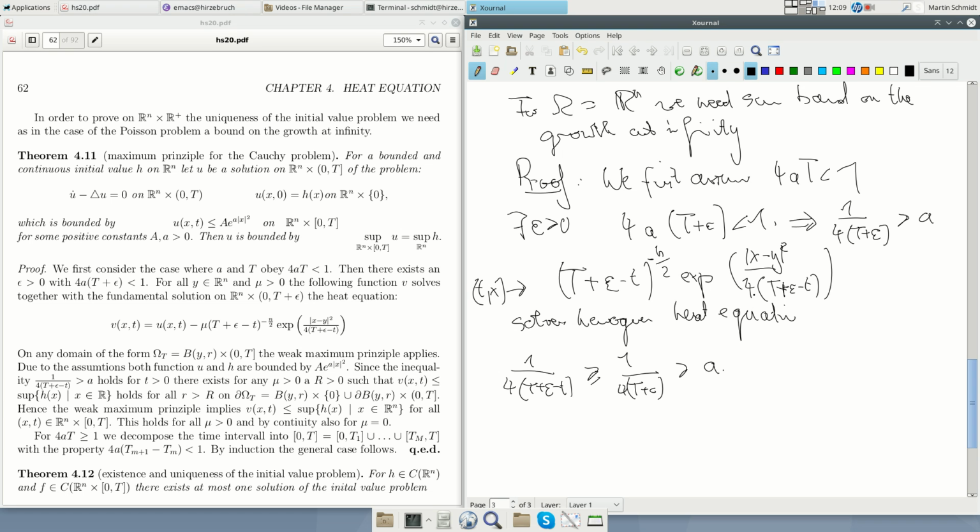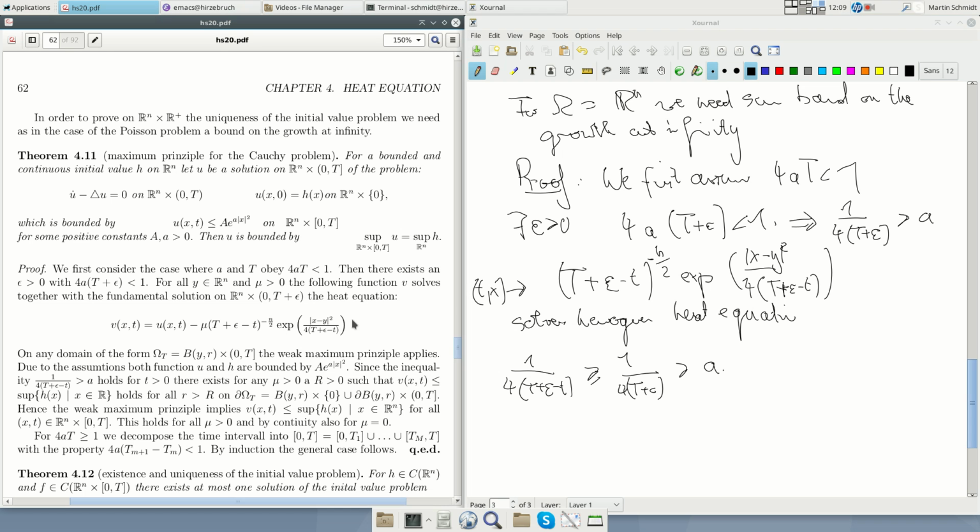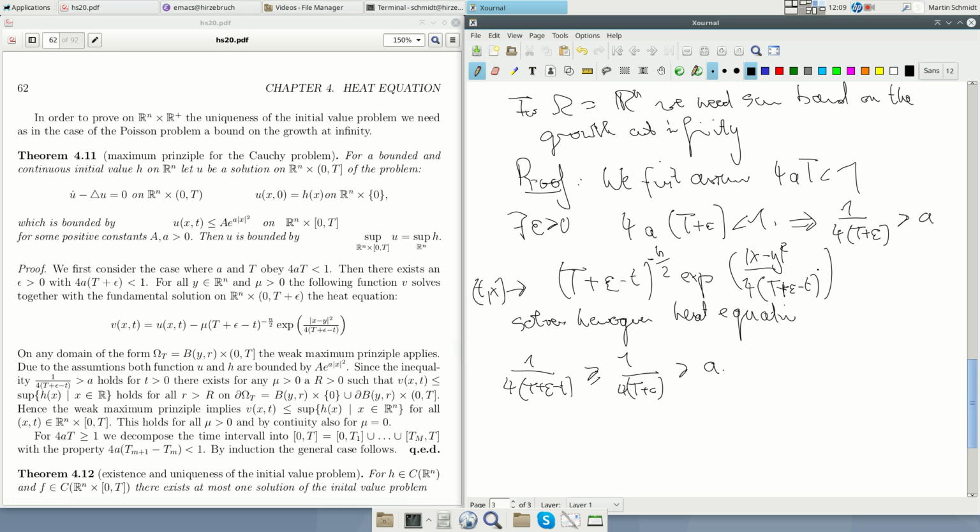So if we look at this factor here, this decays slower, because this term is larger than a. So this means if we make the radius very large, then this expression dominates u, because u does not grow as fast as this exponential for given t, exp(|x minus y| squared over 4(t plus epsilon minus t)).